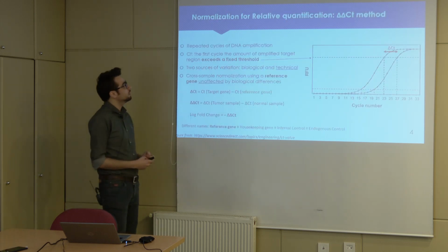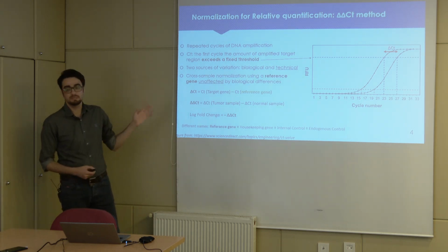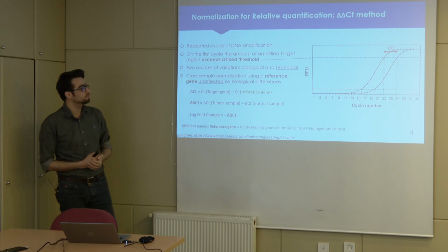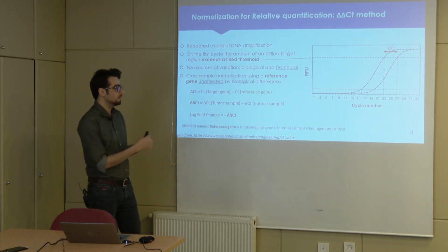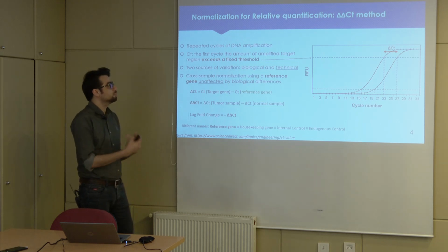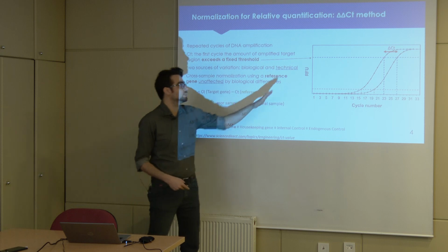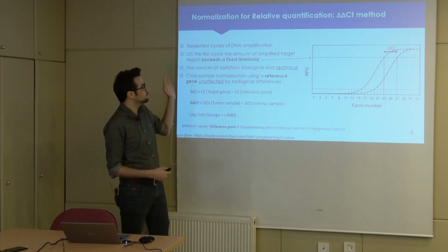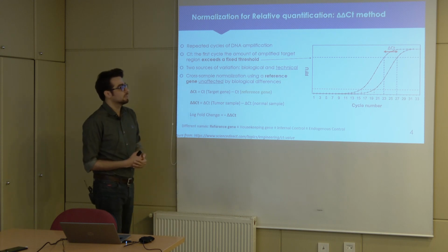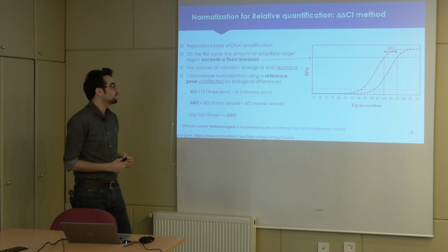So the way qPCR works, it uses repeated cycles of DNA amplification. There's an initial RNA in the sample, and through cycles, it doubles, and when it reaches a certain threshold, which we call the cycle threshold, the CT value, we can obtain the expression.